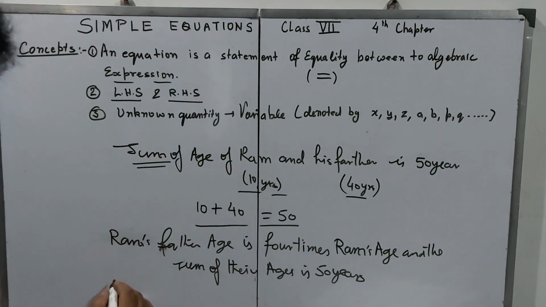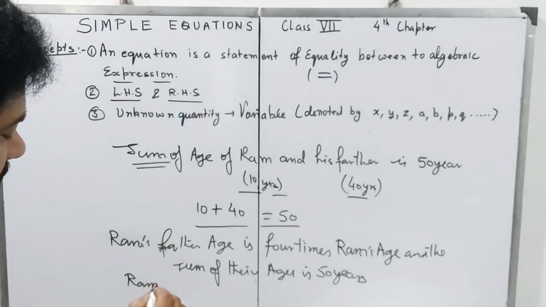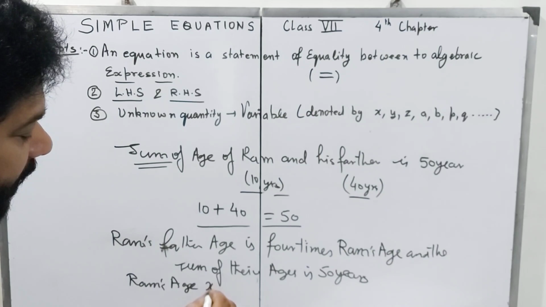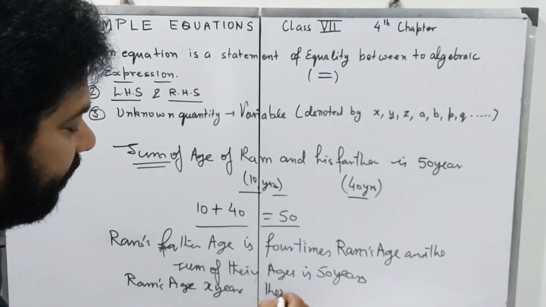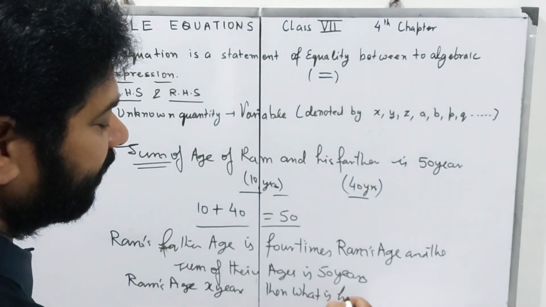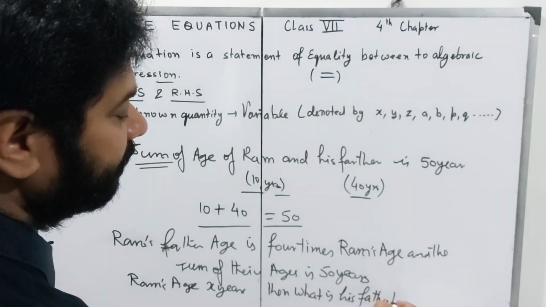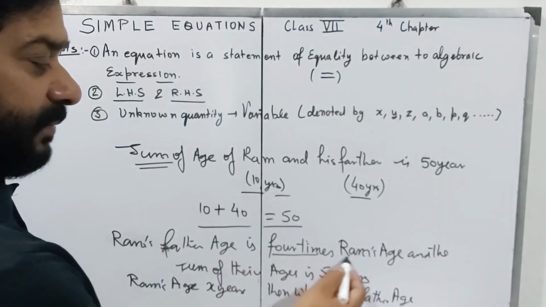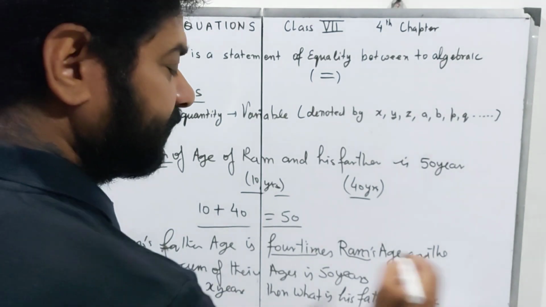Suppose we take Ram's age x years, then what is his father's age? His father's age is 4 times Ram's age, therefore it will be 4x.